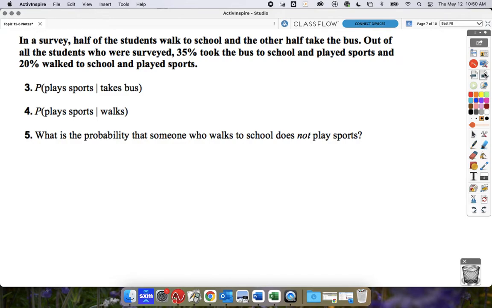Okay, now how are we going to do this? Are you going to draw a tree diagram, or are you just going to formula math it? Remember what this means, given? This means that the probability that you take the bus is on the bottom. So what is the probability that you took the bus?